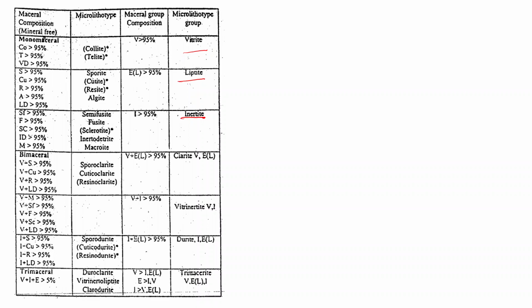Further moving ahead, if we have vitrinite plus sporinite more than 95%, or vitrinite plus cutinite, or vitrinite plus resinite, and vitrinite plus liptodetrinite, then it is called clarite. So here it is the vitrinite group of macerals plus liptinite group of macerals.